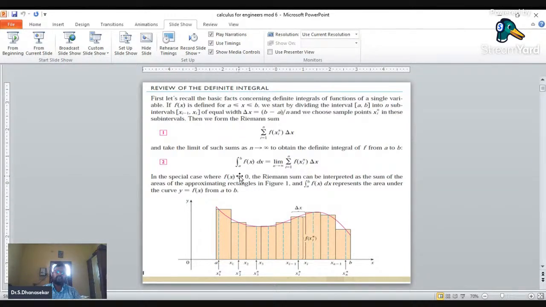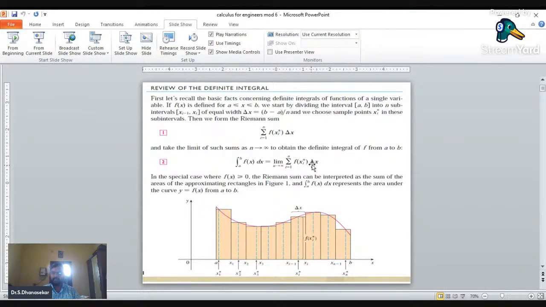So definite integral a to b f of x dx is nothing but a limit of a series or sequence, or summation of things. Limit n tends to infinity, summation i equal to 1 to n f of xi star into delta x. That is, you will divide each and every curve or area where you are going to work into small rectangles, like these stripes.